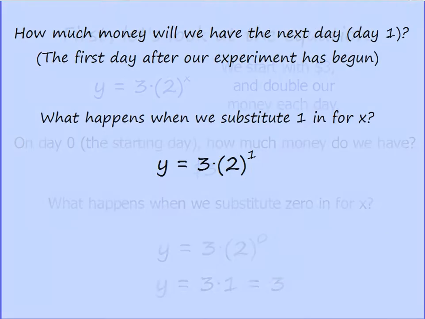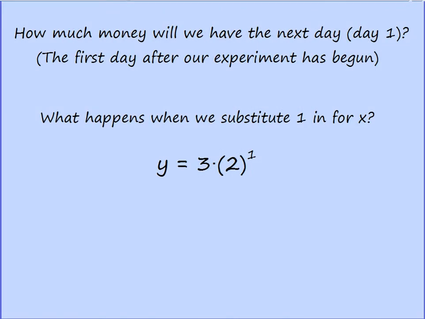What about on the first day after our experiment has begun, which we call day 1? So this is after 1 day has passed. When we substitute 1 in for our exponent, again, we have to calculate exponents before we do any multiplication.